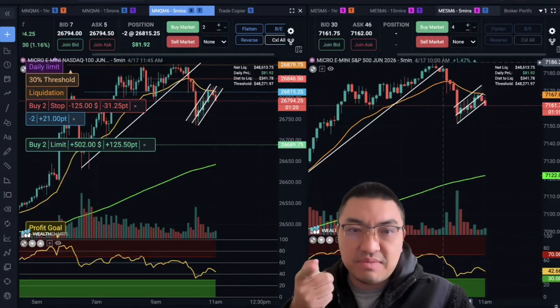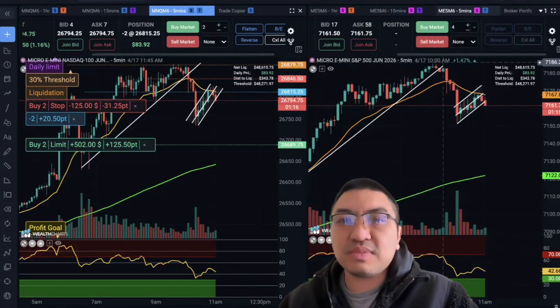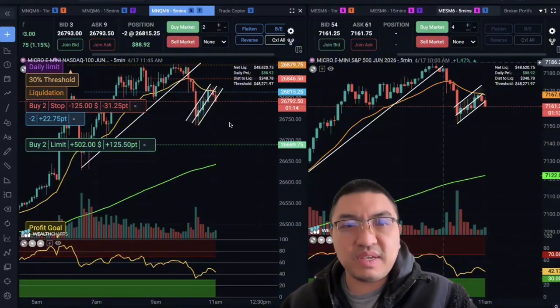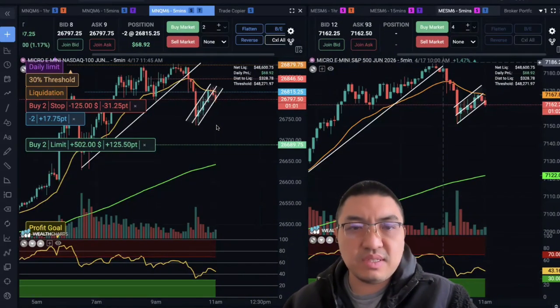Okay, great. Keep going. Great. And you retest to this previous support, and when you break out, then this becomes a new resistance and it's going down. Okay, great. Everything works as expected.